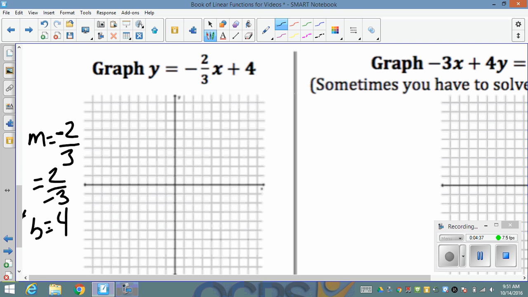Either way, we still need to plot our y-intercept first. So I'm going to go to the y-axis, plot the 4, and now I'm going to count out my slope. So again, I'm going to start by counting this one. The -2 tells me to go down 2 and then to the right 3. Down 2, to the right 3.